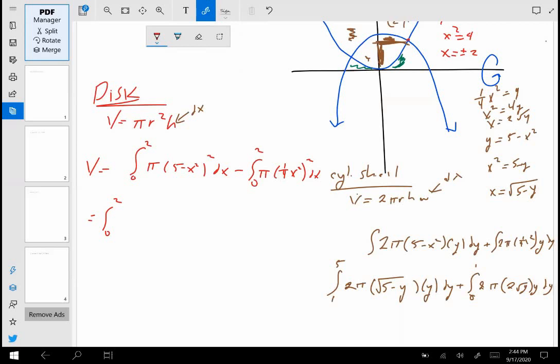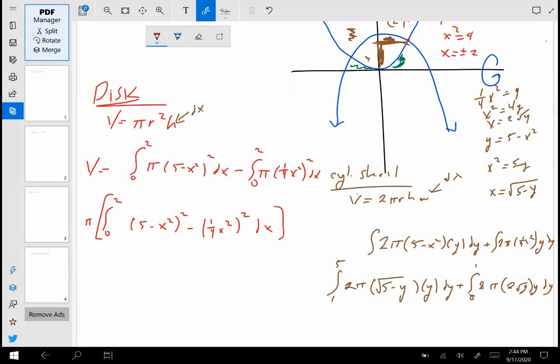In fact, just to make my writing a little easier, I'm going to go ahead and factor a pi out of all of that. And then we've got 5 minus x. The integrals are the same. Factor the pi out, we're just going to wind up with that.